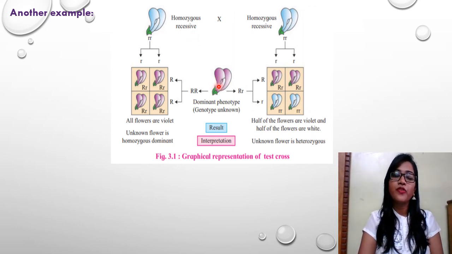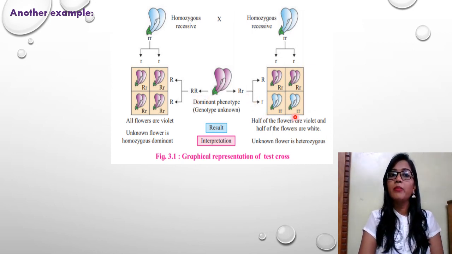If that flower is homozygous dominant, then all flowers will be violet in color. So if by crossing these two plants we get all plants with violet color flowers, that means it has the homozygous dominant genotype, capital R.